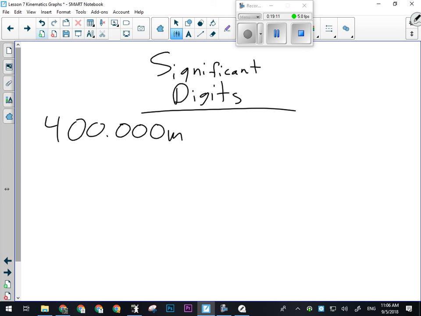That means that any mathematical operation I do with that number has to reflect how accurately I measured that number. Okay, this number has 6 significant figures because I measured all 6 of the places that are shown in this number. All right, I wouldn't write this number like this.